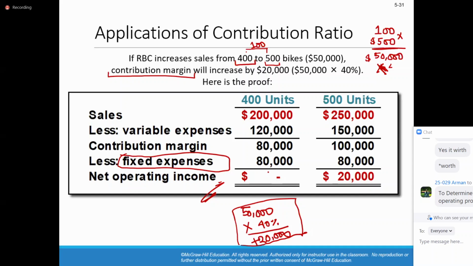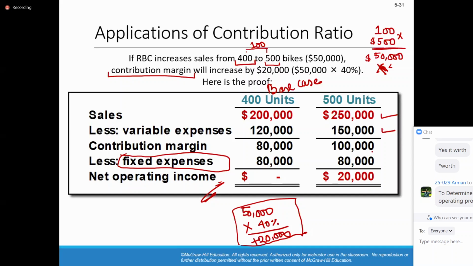Now, if we do the contribution margin format income statement traditionally, we can verify that we are doing the right thing. Okay, so this is the base case, don't forget this. And what is happening here, our sales unit has increased from 400 to 500 units. We see that for this one, we have this sales value 500 multiplied by 500. Then we are subtracting variable expenses, which is 500 multiplied by 300 per unit.